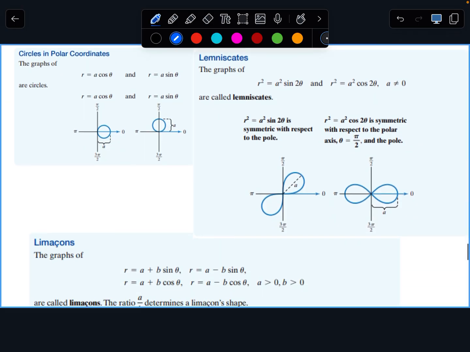If you have r equaling a number, that's just your straight up circle, your normal circle. What else is there? If you have r equaling theta, that's your spiral, Archimedes spiral.